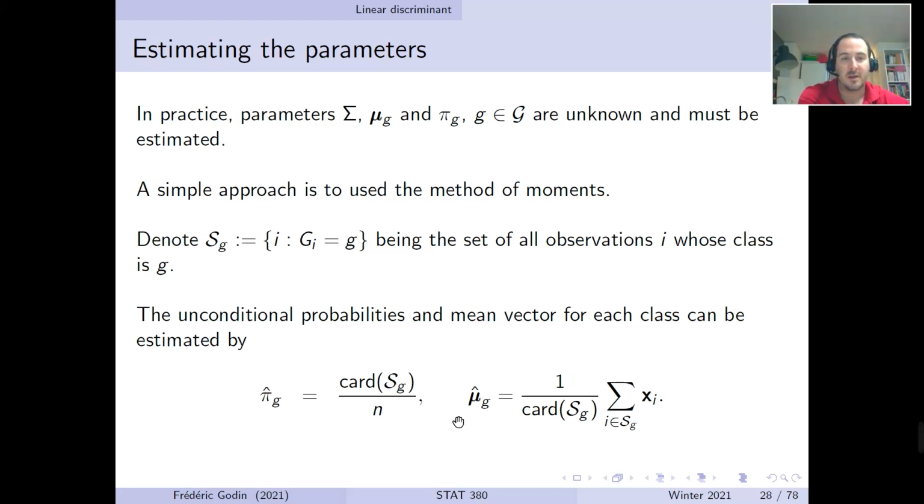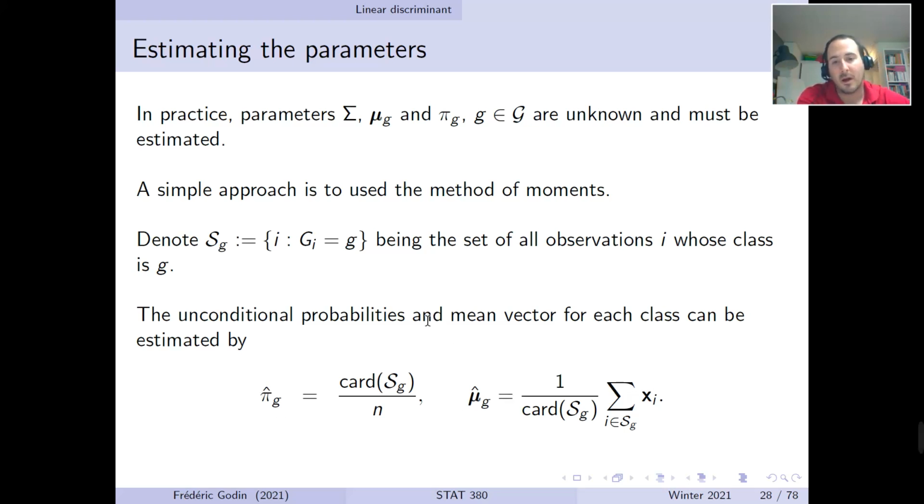And mu g, the mean vector for predictors in class g, can simply be approximated by the sample average of all predictors in class g. This average is a vectorial average: for each predictor you compute the average. For example, for the jth predictor, you take the sample average of all jth predictors from observations in class g. These are pretty easy to compute.